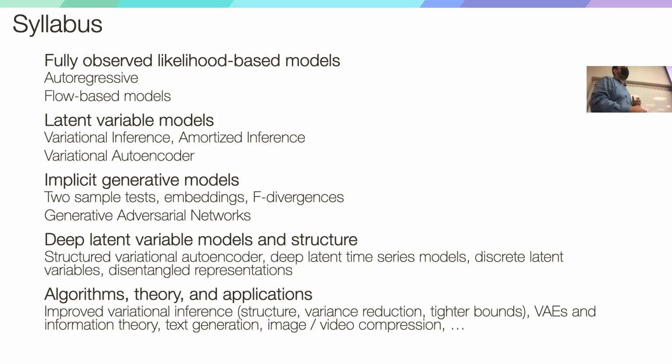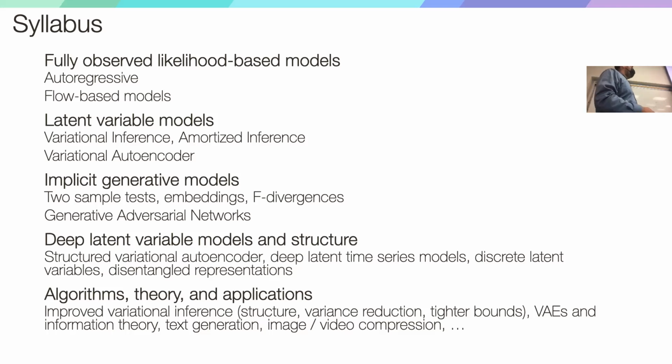But then we also have latent variable models, which are interpretable and which allow you to put a lot of prior knowledge into your generation process. And so we'll learn about how to combine latent variable models and deep learning in some sense. In other words, deep probabilistic modeling. And this relates to structured variational autoencoders, deep time series models, models over discrete data, and learning disentangled representations.